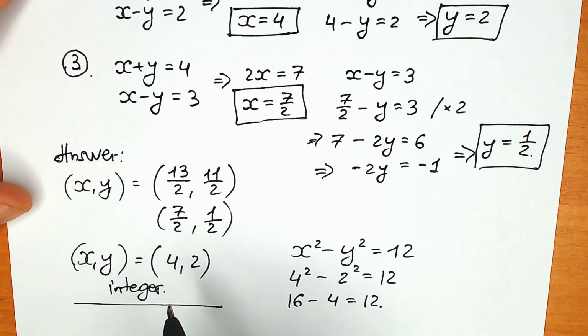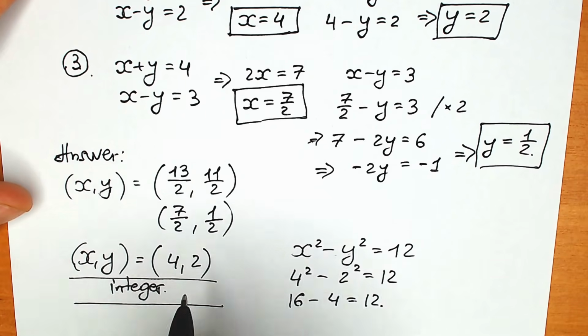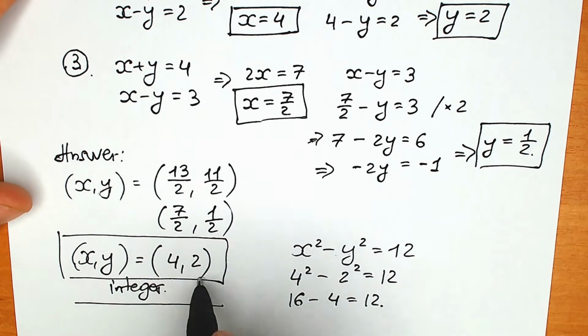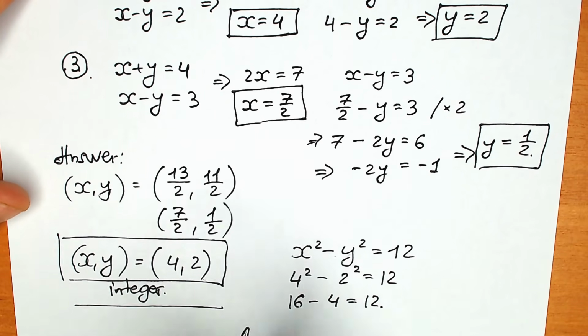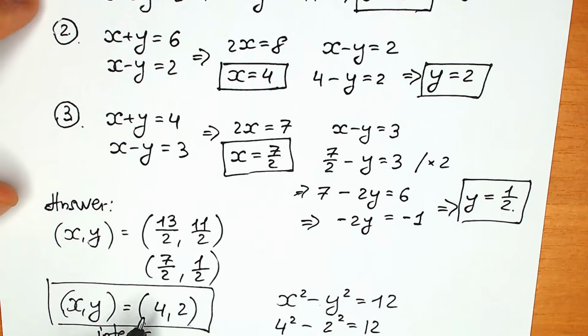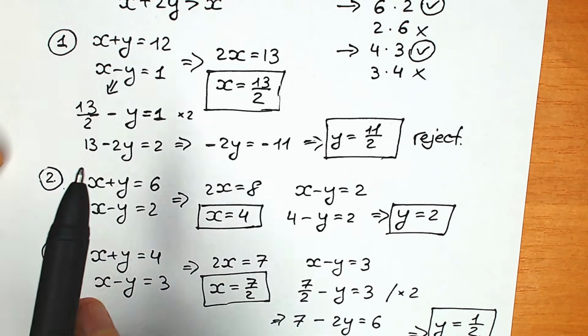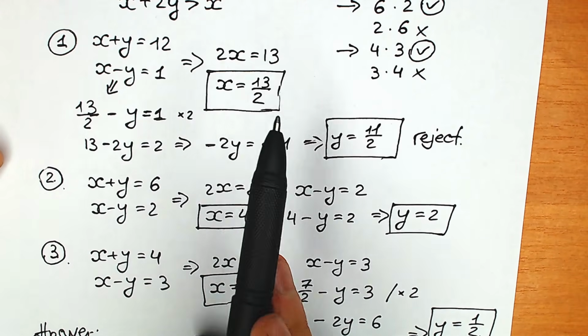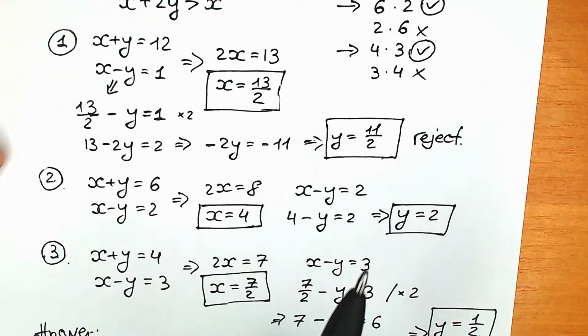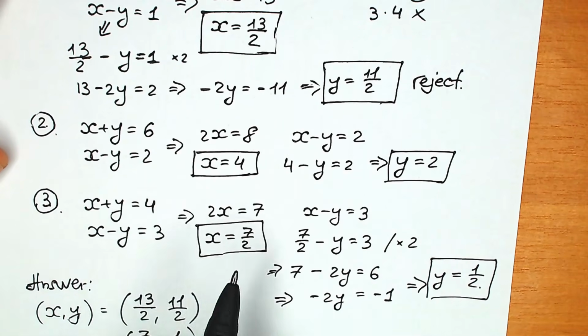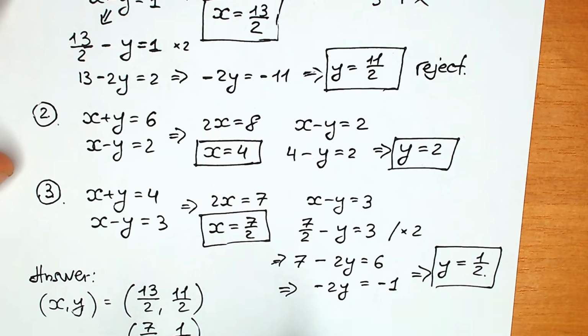If you need to solve this question in terms of only integers, 4 and 2 is our answer. In the first case we had a non-integer pair of x and y, and in the third case we also had a non-integer pair.